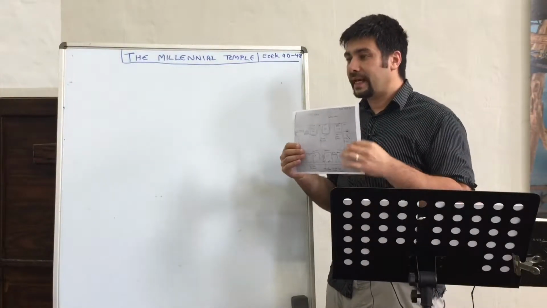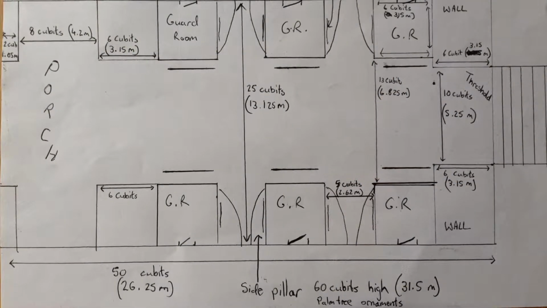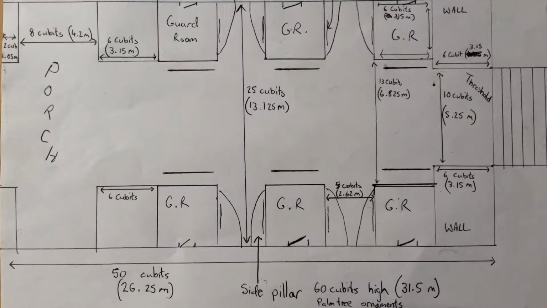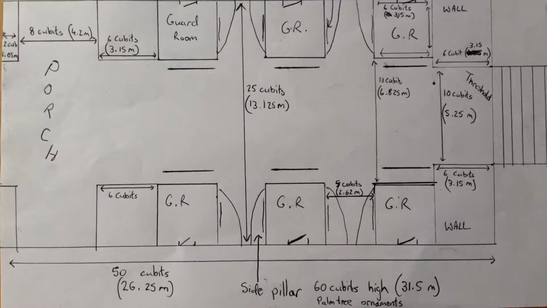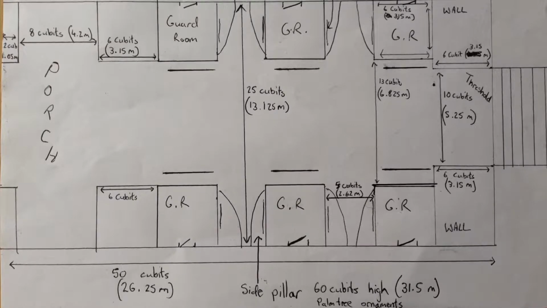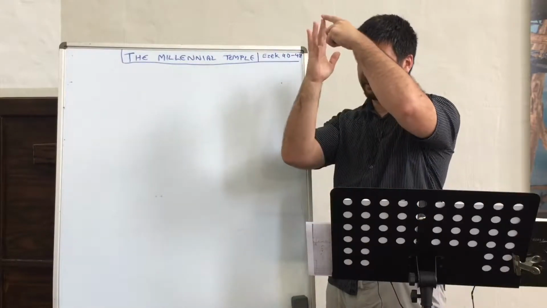When you come to the gate here, this gate is measured in what's called cubits. Now the cubit is this distance from here to here.